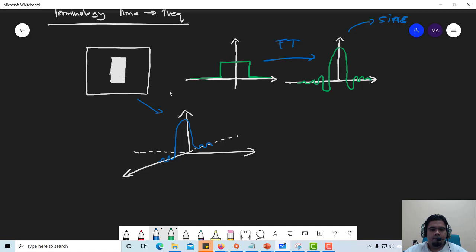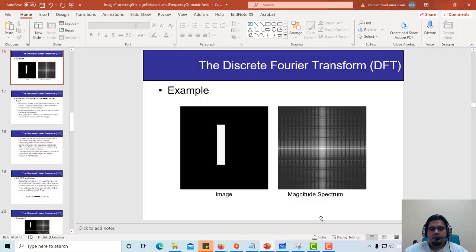You have it in that direction and then in these directions, so you have a 3D sinc function. If your eyes are looking at this side and you draw the image in matrix form, that's why it looks like this.